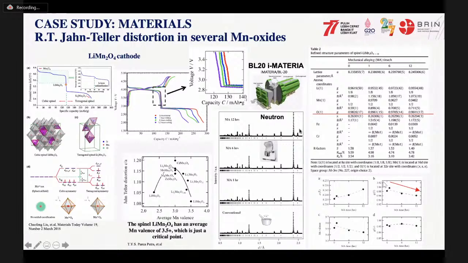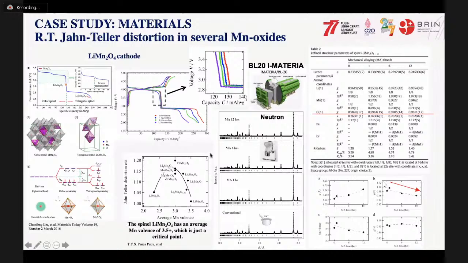For example, we can use the conventional method, I mean, we mix the raw material only using a mortar, or we can use a chemical method here. And one important thing is related to the content of oxygen. So in this case, we can see the oxygen deficiency. And what is the problem with the oxygen deficiency here?